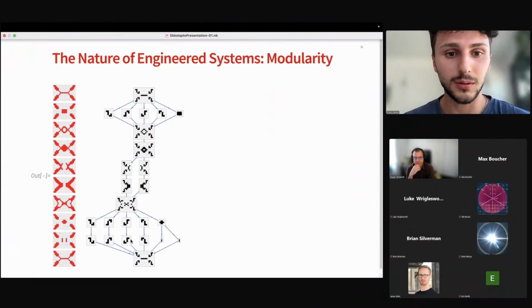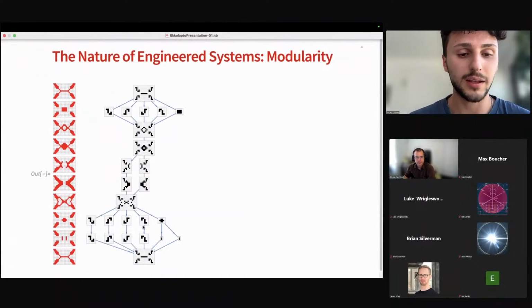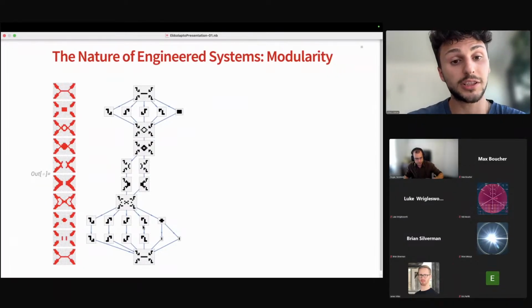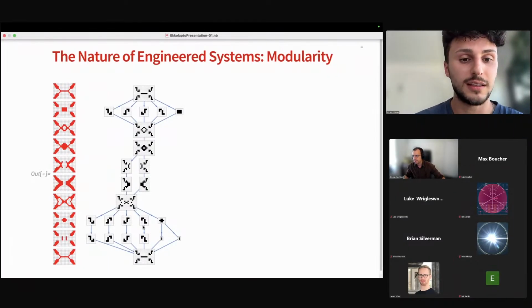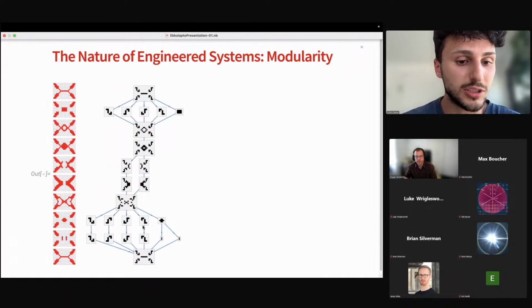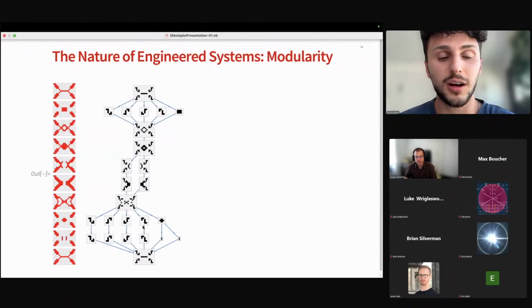Okay. So now that I've given a little bit of a sense of what's been made in the Game of Life, we can talk about what we actually did to study the system. One of the things we really focused on is called modularity, and what we do is look at which parts of the system are causally separated.